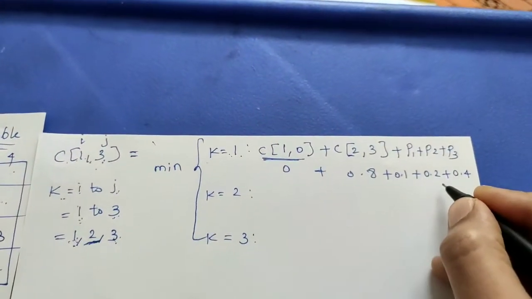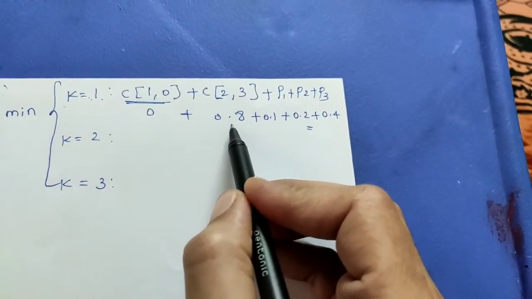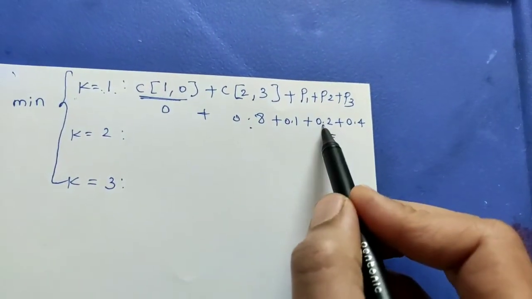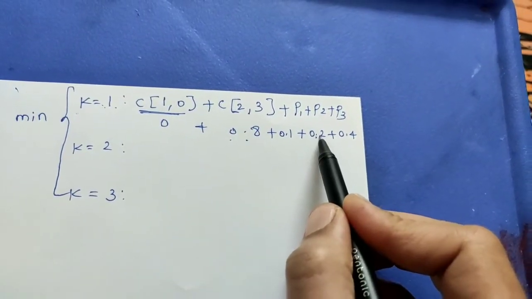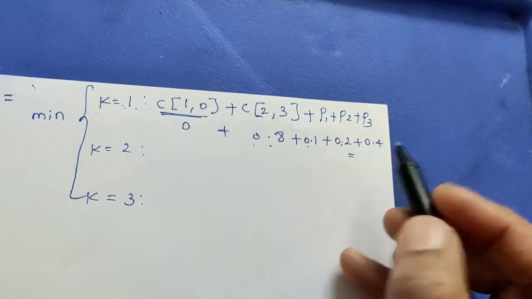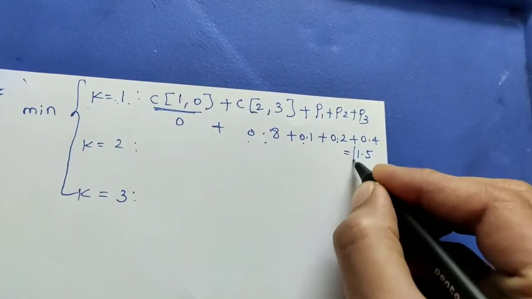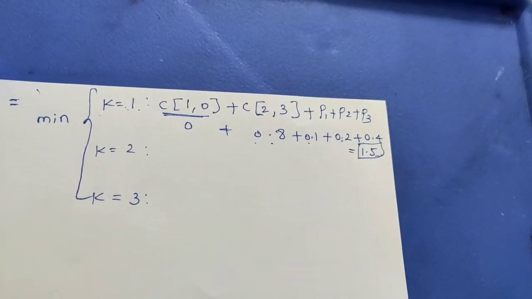So if I add it together, 0.8 plus 0.1 is 0.9, plus 0.2 is 1.1, plus 0.4 is 1.5. So I have got 1.5 for k is equal to 1.